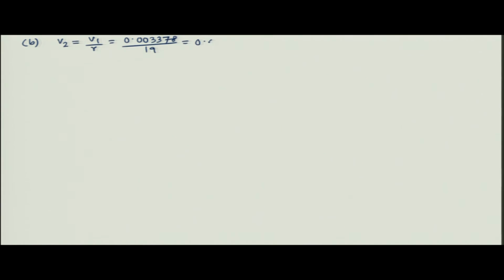So you divide it and get V2 as 0.000178 meter cube. We can now find V3. V3 is the cut-off ratio times V2. Substituting the numbers, you get 0.0004199 meter cube. That is V3, and we already know V4 is nothing but V1 because it is a constant volume process.